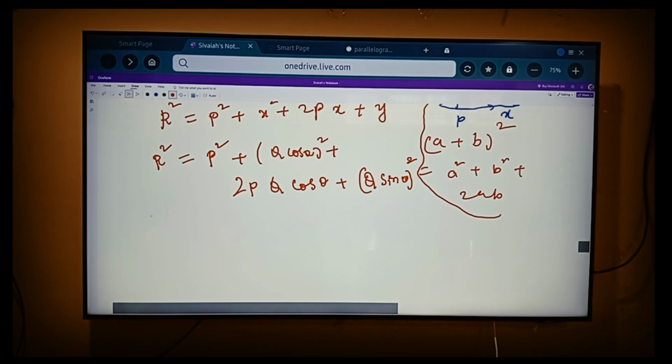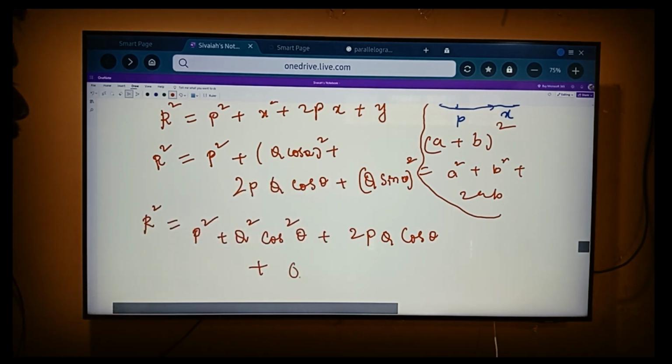So here R square equal to P square plus Q square cos square theta plus 2PQ cos theta plus Q square sin square theta.